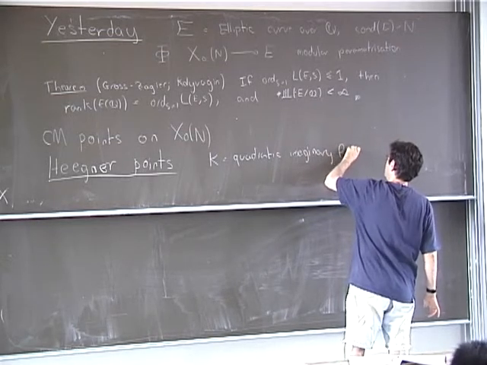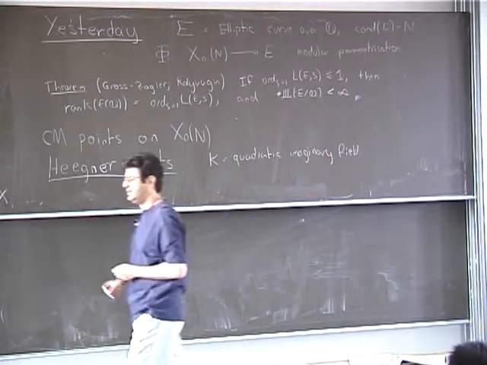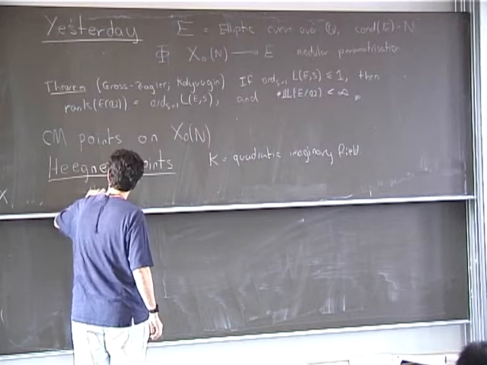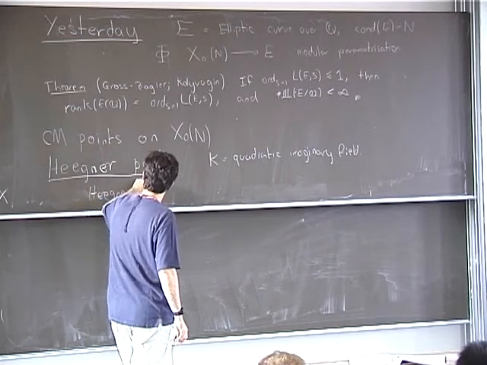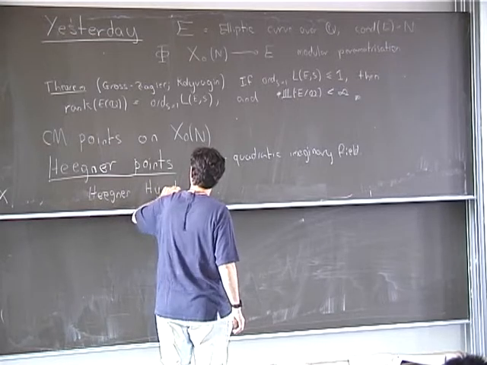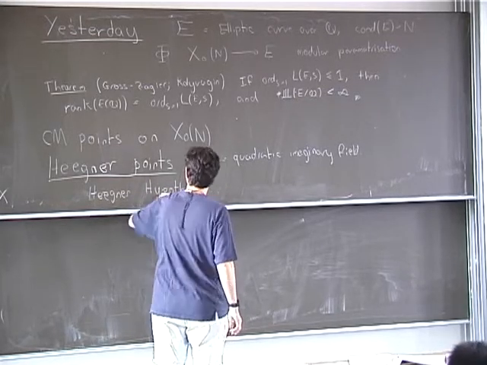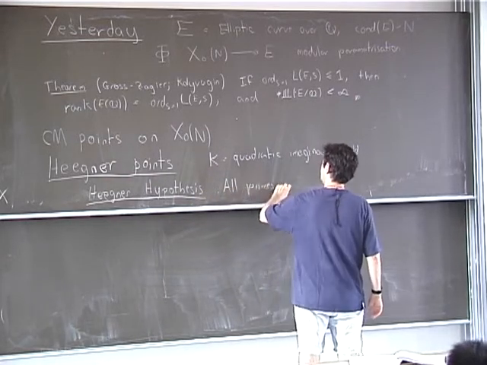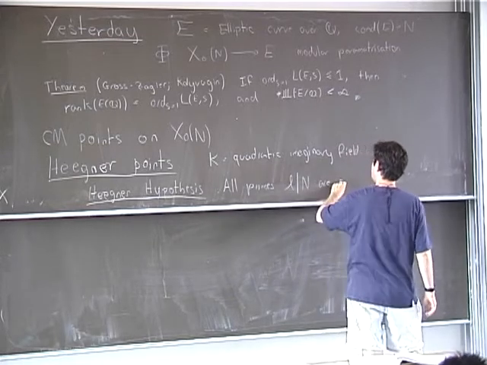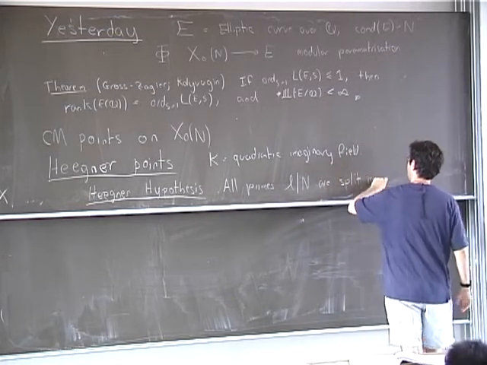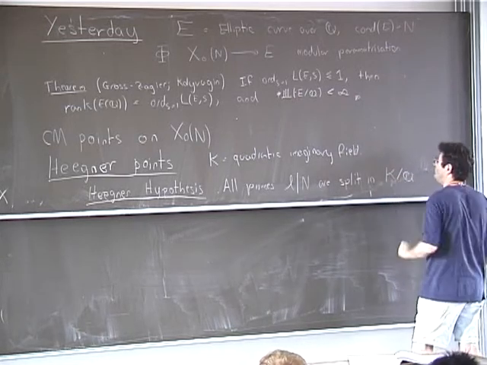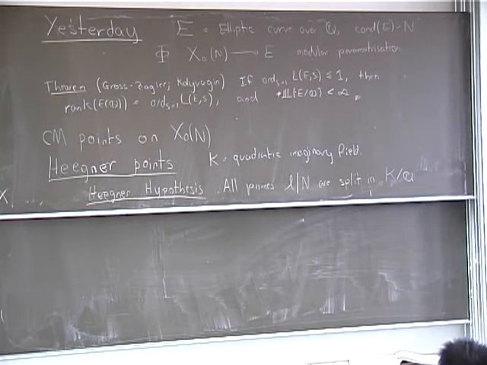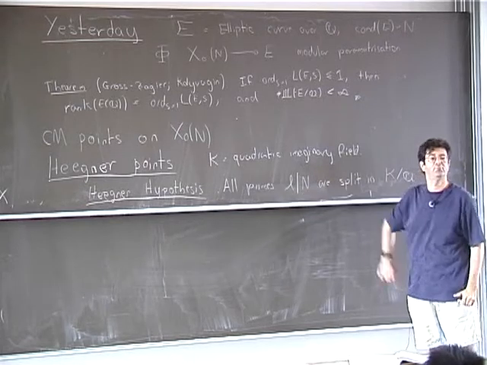And I'm going to make the following assumption, what's sometimes called the Heegner hypothesis, which is that all the primes l dividing the conductor n are split in this quadratic extension K over Q. Meaning that, in particular, they're not ramified, so they don't divide the discriminant, and the discriminant of K is a square modulo all these primes, if you want.